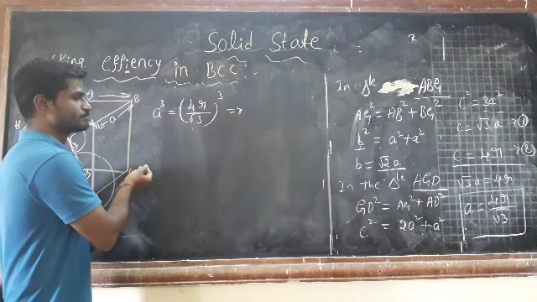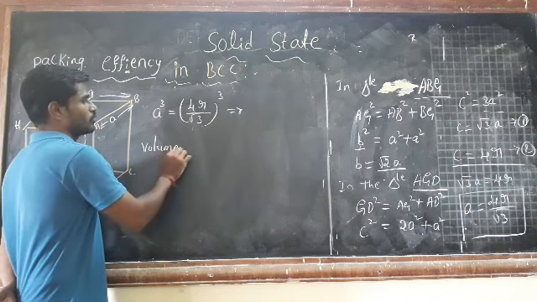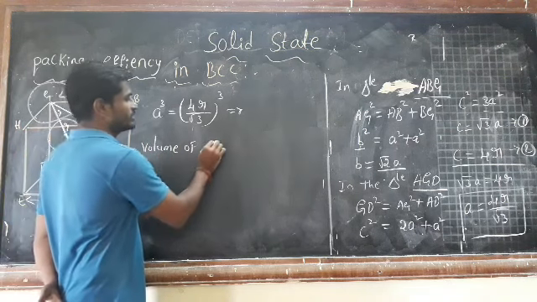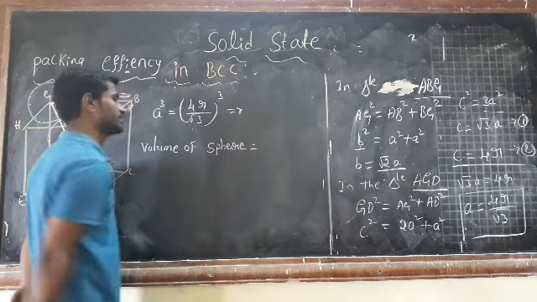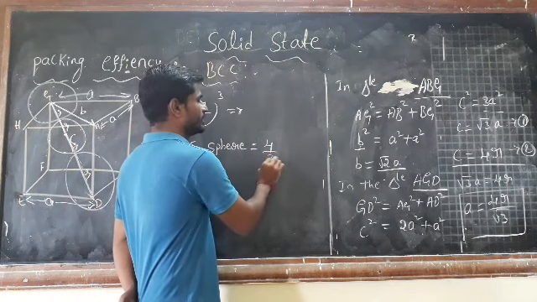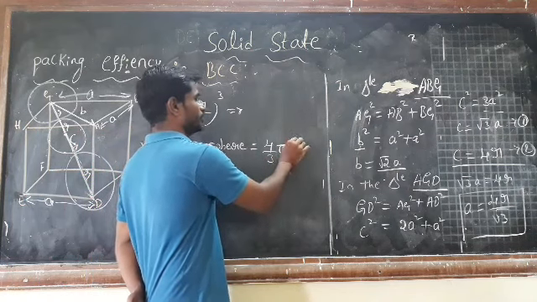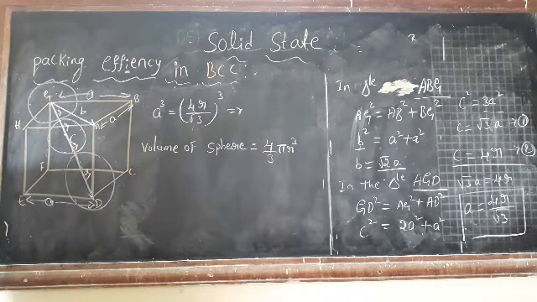Then we want the volume of the sphere. We already know that the volume of the sphere is 4 by 3 pi r cube. In the body centered cubic unit cell, how many particles are present?